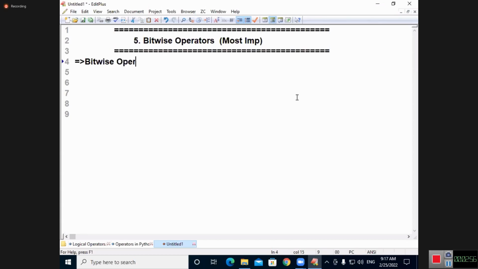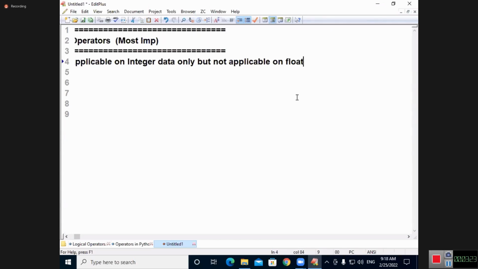Bitwise operators are applicable on integer data only, but not applicable on floating point values.